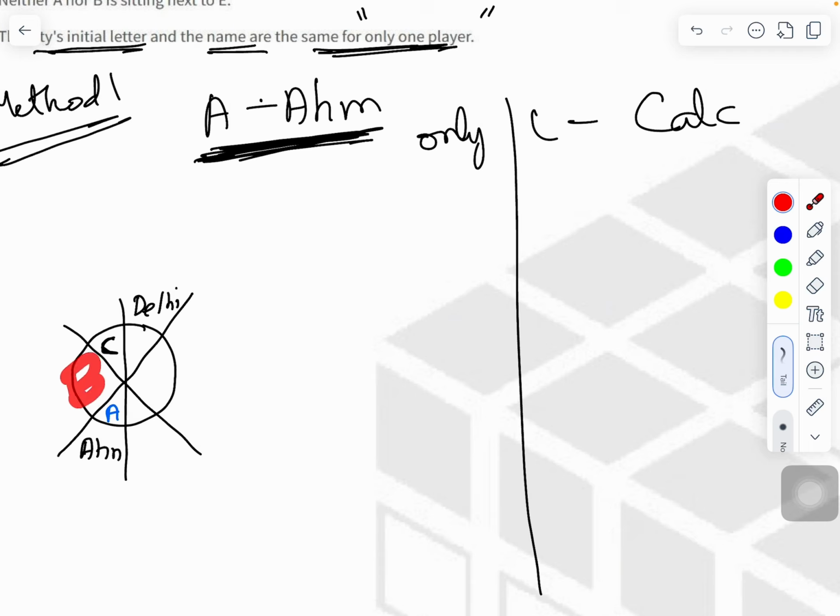If B comes here, AB is a consecutive pair, BC is a consecutive pair, but they are not unique. They clearly told it has to be a unique pair of 2 consecutive friends. Therefore, B coming here will violate our condition. So B cannot come here.